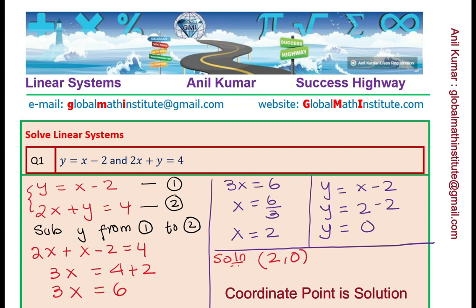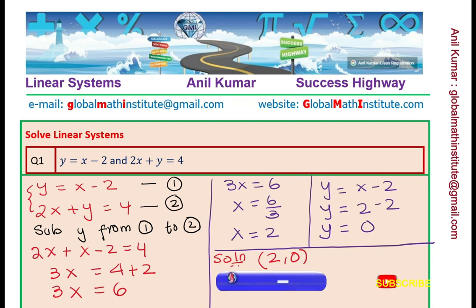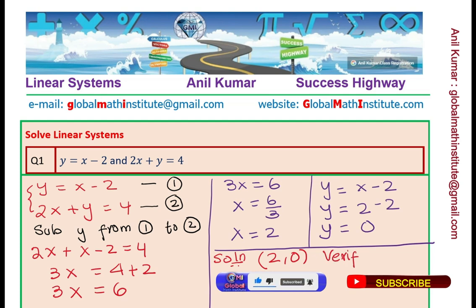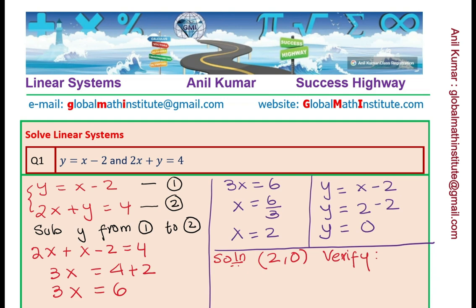Always write this coordinate point in the brackets shown. Does it make sense to you, right? (2, 0). Now, since this is our first example, we could also verify our result. Verify really means substitute this in the original equation. So, if we write 2 and 0 for x and y, will the equation be satisfied?